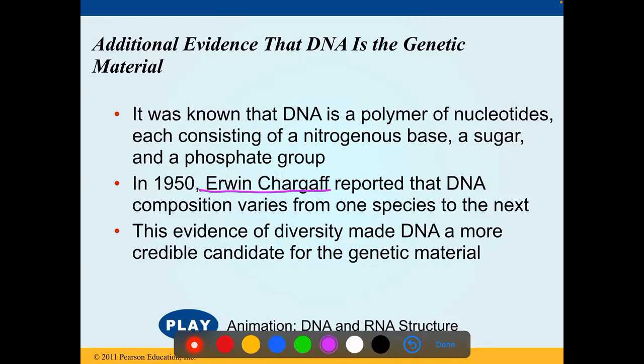They knew it is composed of ATP, GTP, CTP, and TTP, but he surveyed the ratio of them. What they found is that the ratio of A is always the same as T, and the ratio of C, cytosine, is the same as G.